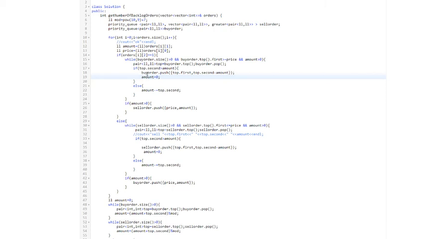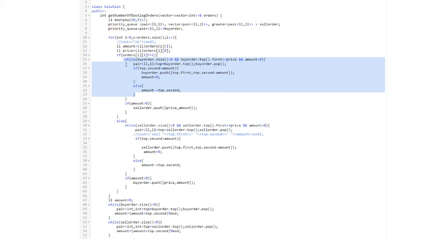Similarly, if it's the other way around, I need to decrease the amount by the amount of the maximum price order in the buy queue, and I need to loop through it again and again. That's why I had a while loop here.